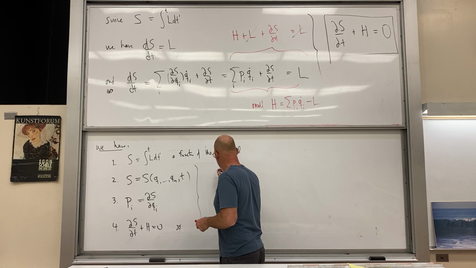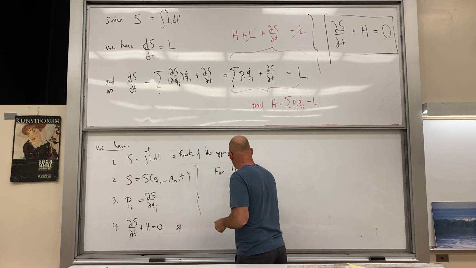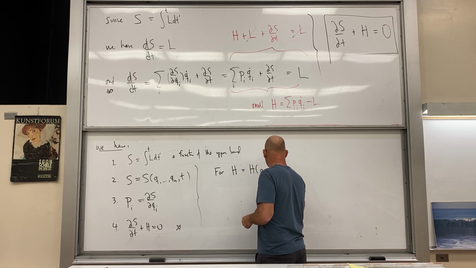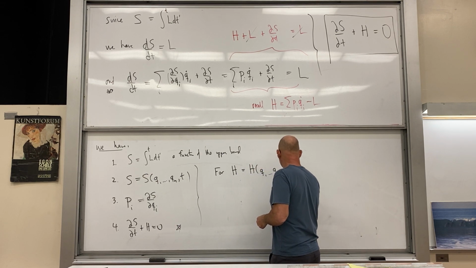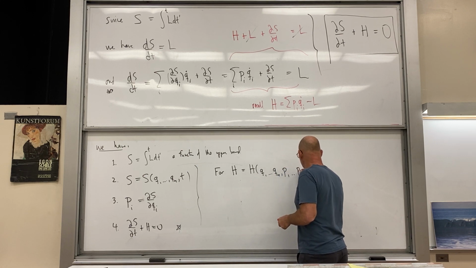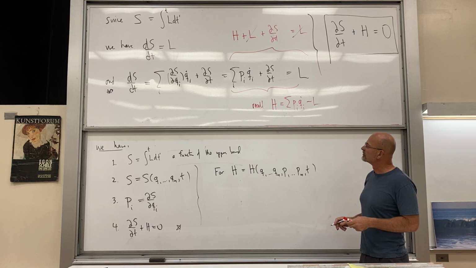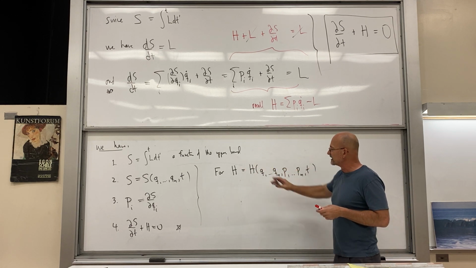We can have H equals H of q1 to qn, p1 to pn, t. Remember, we're doing Hamiltonian mechanics here, even though we went back to the action in Lagrange.